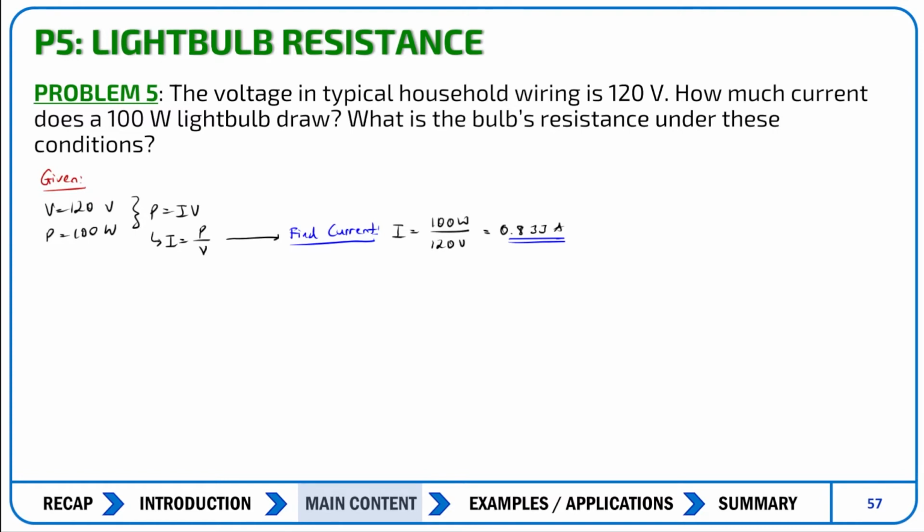So next, in terms of our givens, we also know that V is equal to IR. So from that, I can say R is equal to V over I. Since I've already solved for I, I should be able to find the resistance fairly easily.